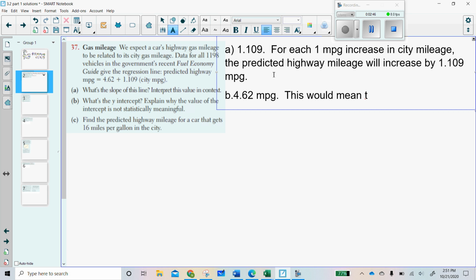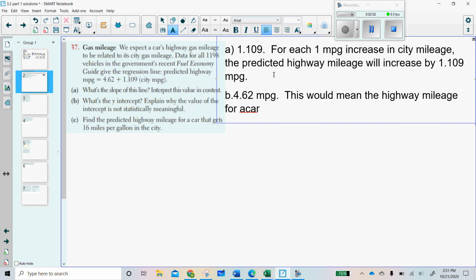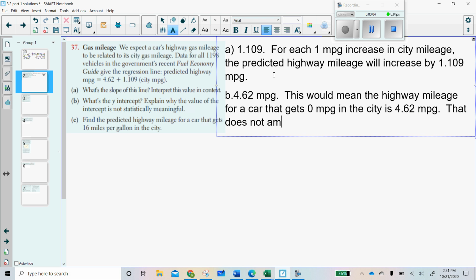So this would mean the highway mileage for a car that gets 0 mpg in the city is 4.62 mpg.